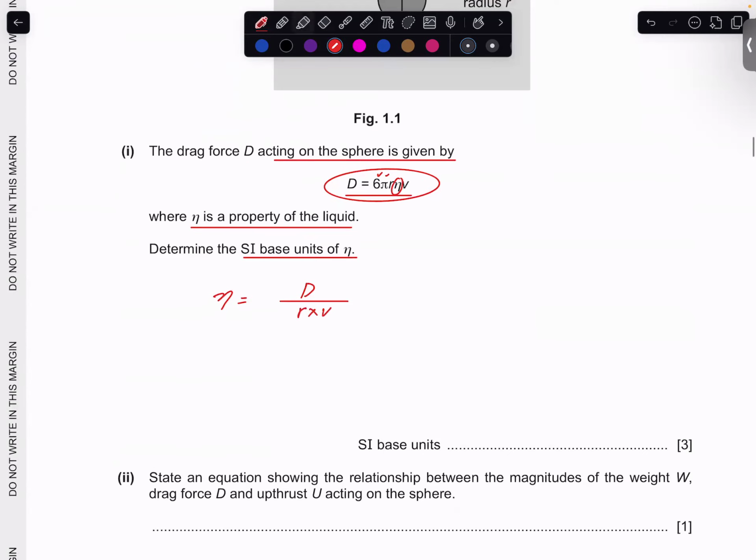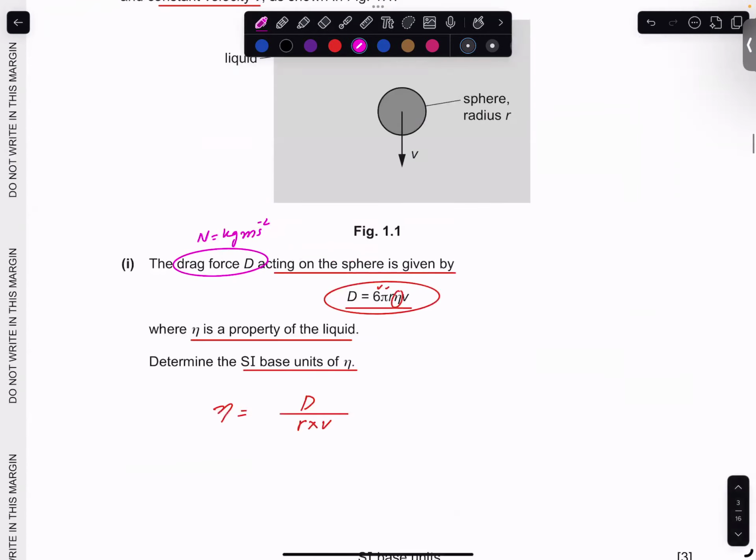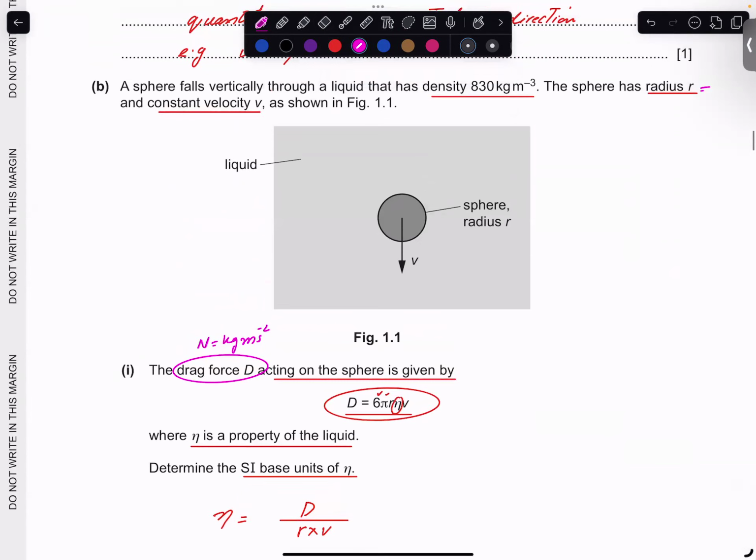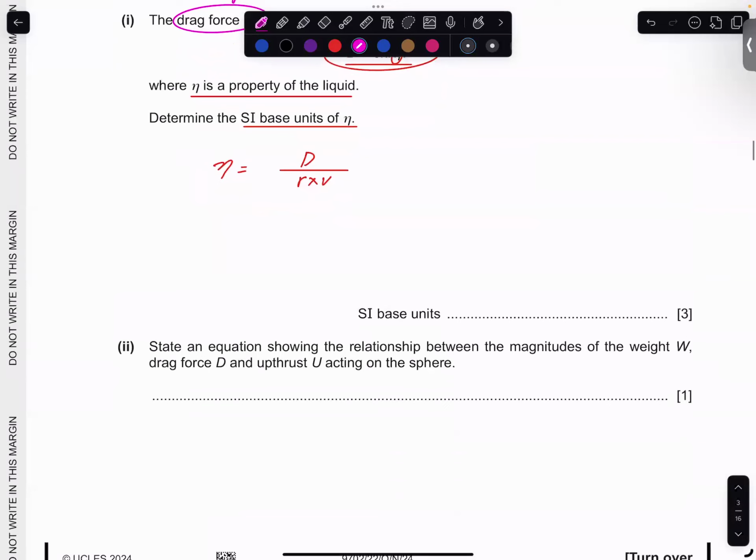D is the drag force, and force is always in Newton, so Newton is equal to kilogram meter per second square. r is the radius, always in meter, and velocity is in meter per second. So if I put all the units in the arranged formula, drag force is kilogram meter per second square, radius is in meter and velocity is meter per second.